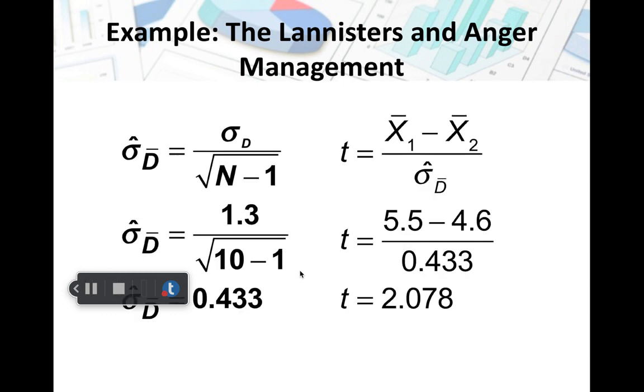So then, of course, I calculate t, and then depending on my level of alpha as well as my degrees of freedom, in this case n minus 1, so 10 minus 1 is 9, I would then look up in the back of the book to see what the critical value of t is and compare.